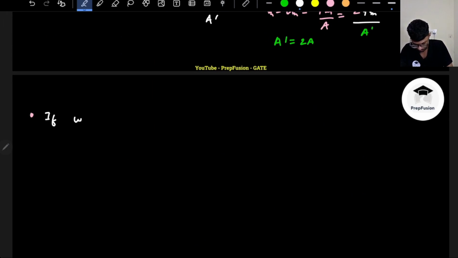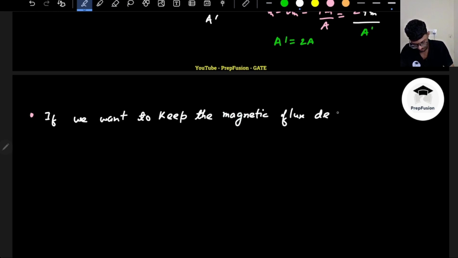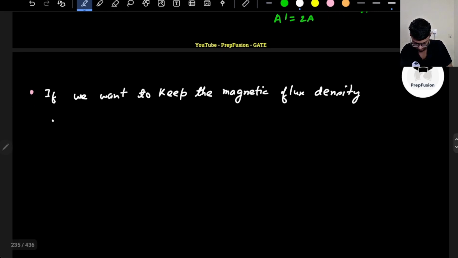if we want to keep the magnetic flux density constant, then what we have to do?